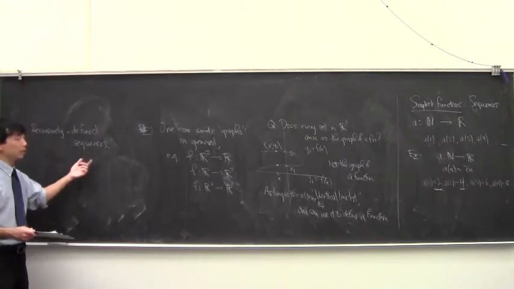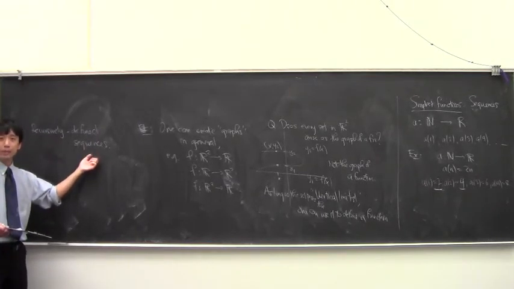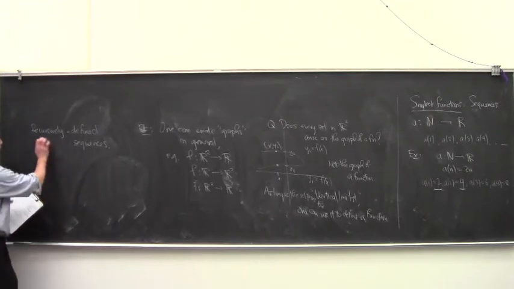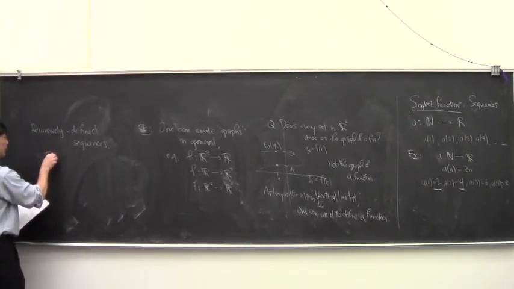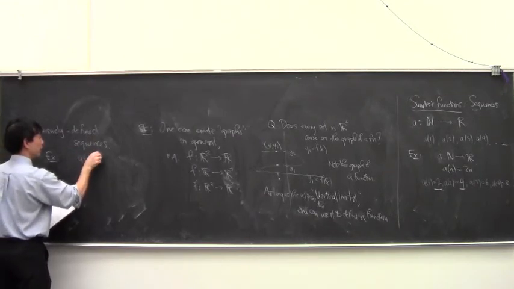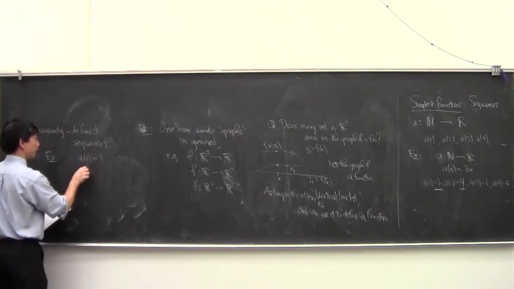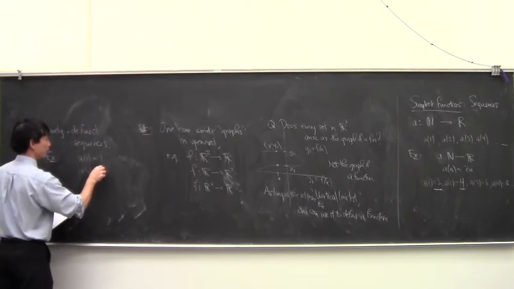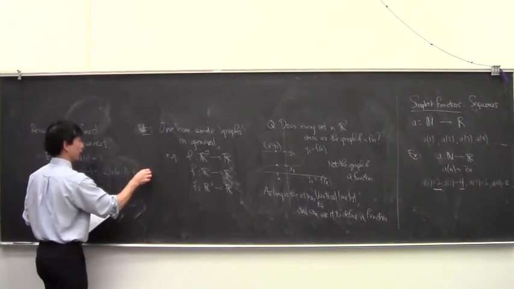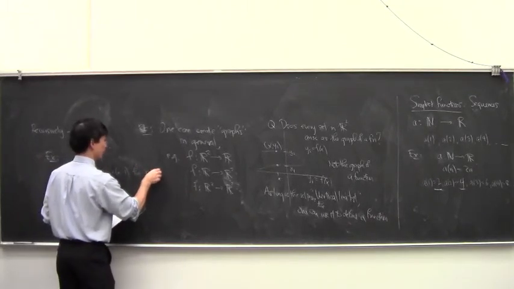So, for example, you could say A of 1 is 1, and A_n is always going to be 2 times A_(n-1) for n bigger than or equal to 2.